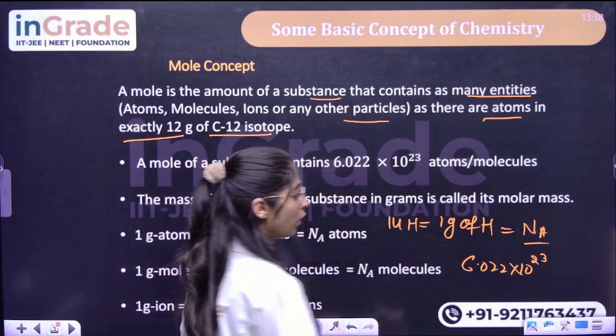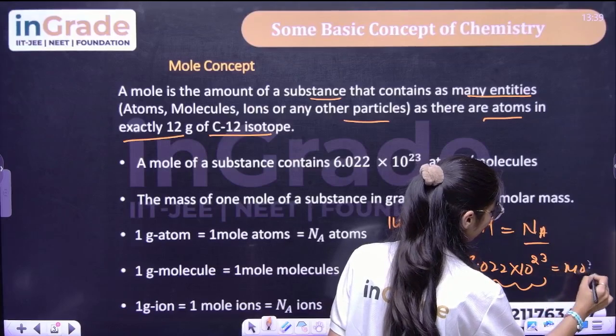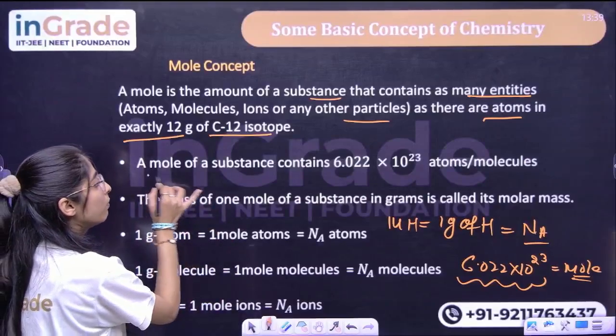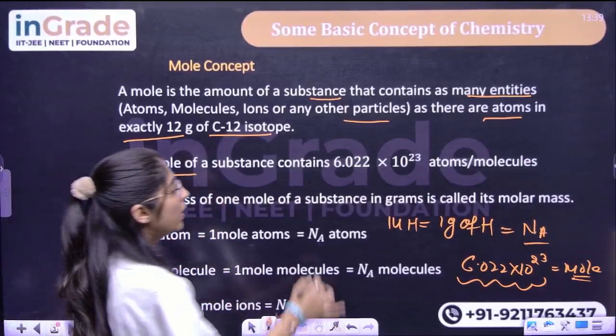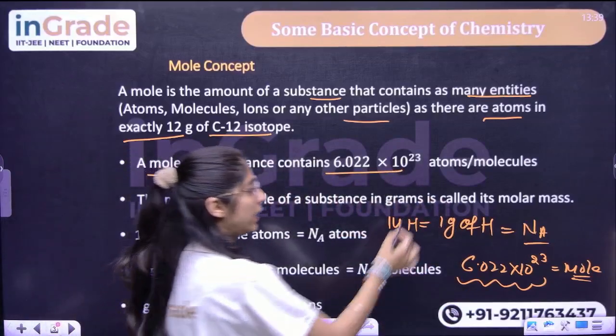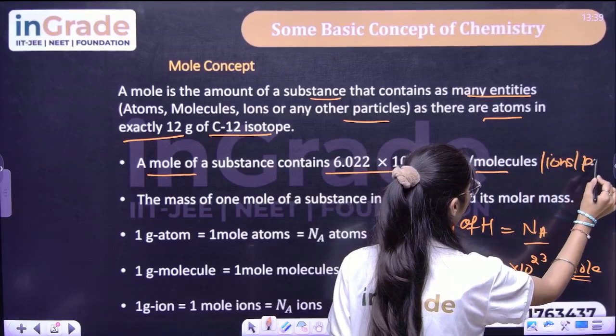So this is going to be your Avogadro constant, or I would say mole. It simply says that a mole of a substance contains 6.022 into 10 to the power 23 entities, that can be your atoms, molecules, ions or particles.